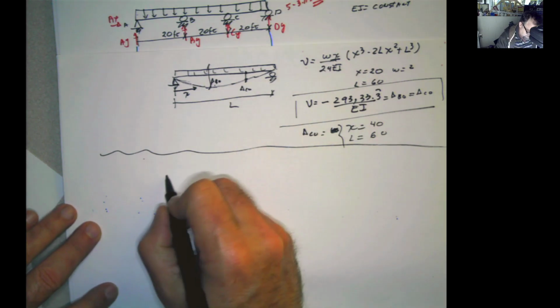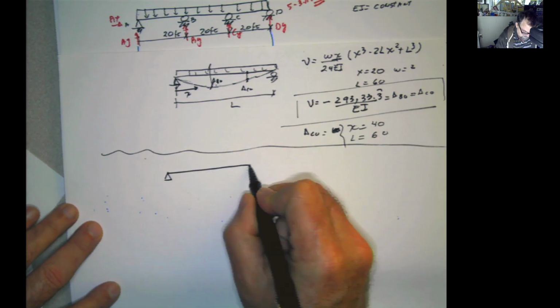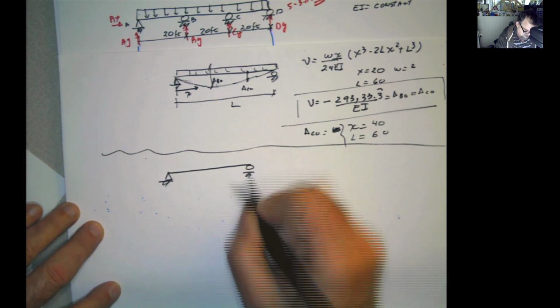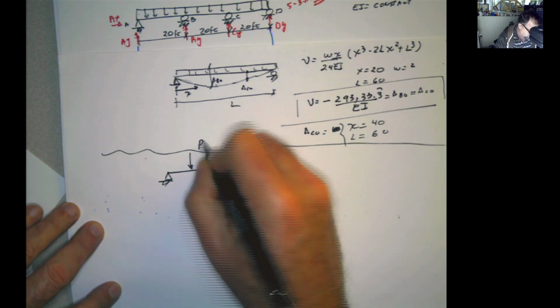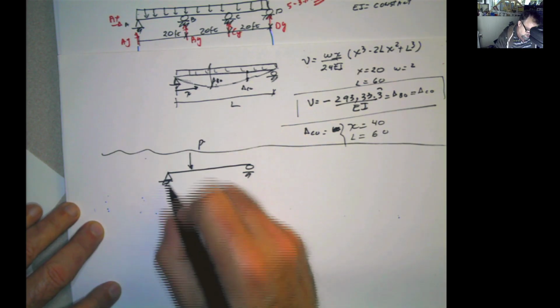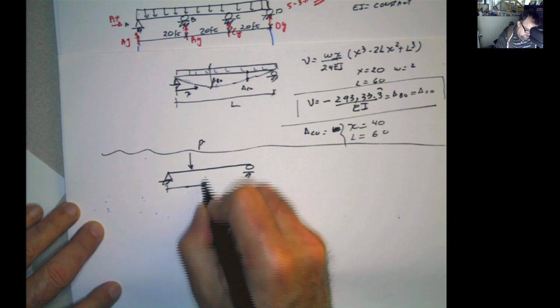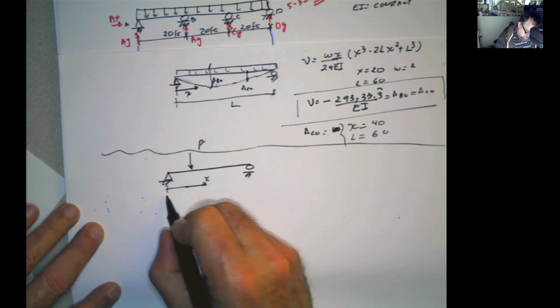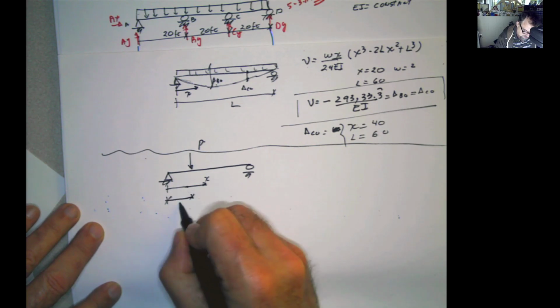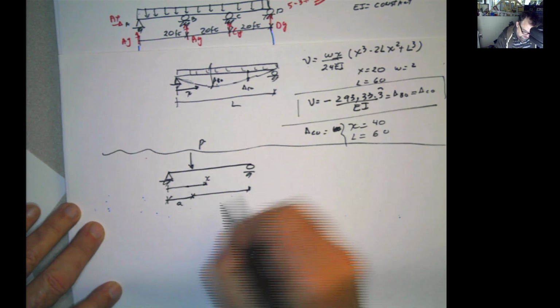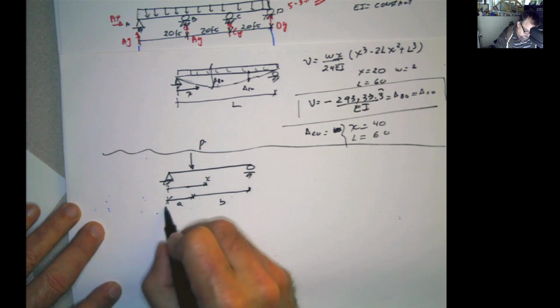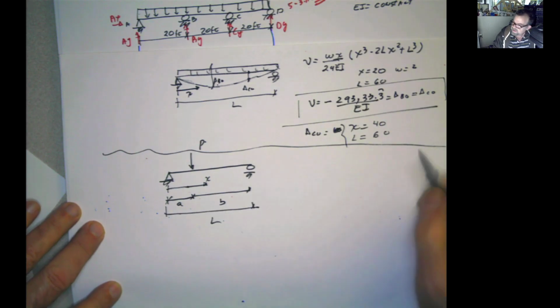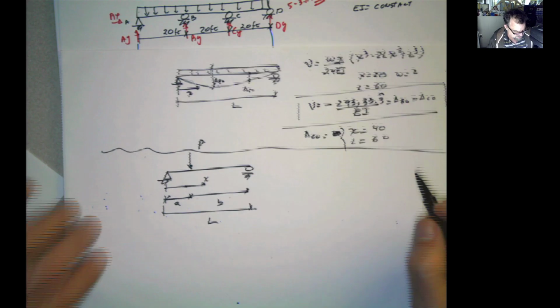So what we have is this: the force P is here, and you want to calculate the deflection at any distance x. This is x, this distance up to the application of the force is A, this distance is B, and the total distance is L. This is basically the drawing that you have in the backs of the books.